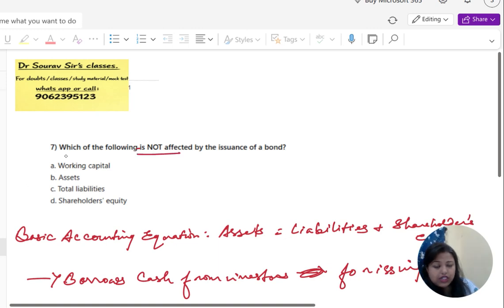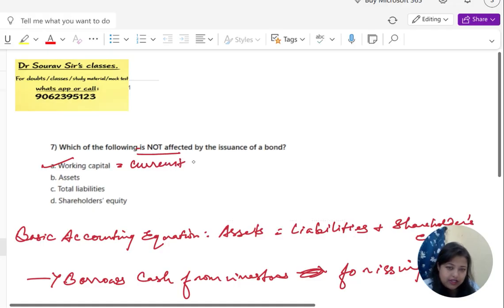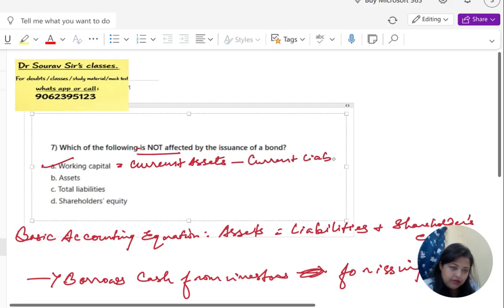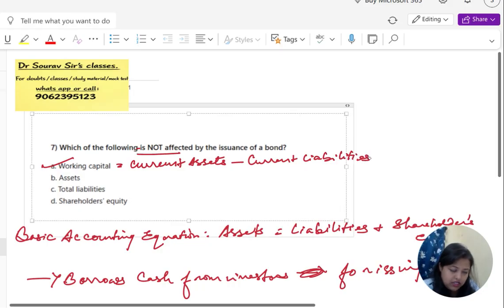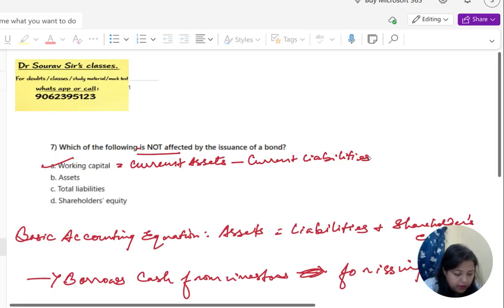Working capital will be affected. Why? Working capital is equal to current assets minus current liabilities.